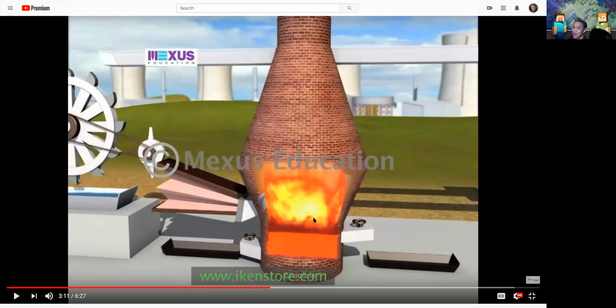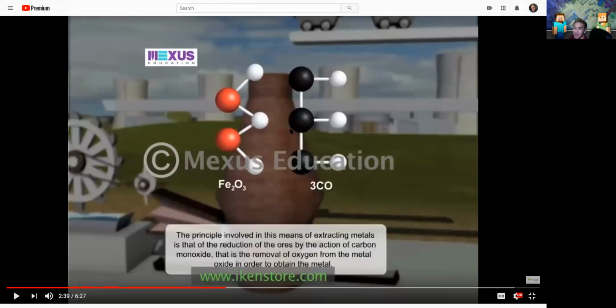Combustion also is an oxidation reaction because here carbon is reacting with oxygen to form carbon monoxide. But what happens here is a reduction reaction. So it is reduced: your ferric oxide is reduced to form iron in its elemental form.